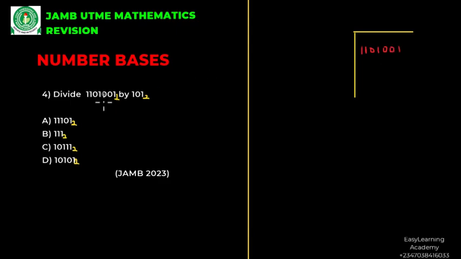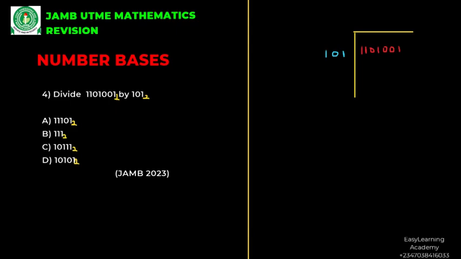Correct? Yeah, 1 1 0 1 0 0 1, in base 2, and then we are dividing it with this other number we have here, 1 0 1, all in base 2.